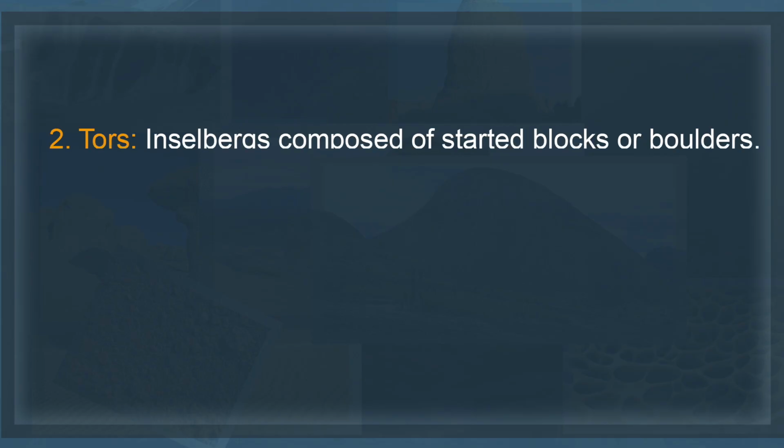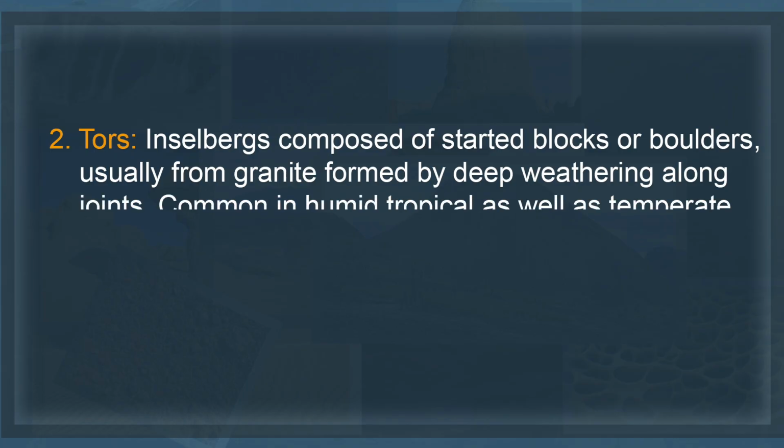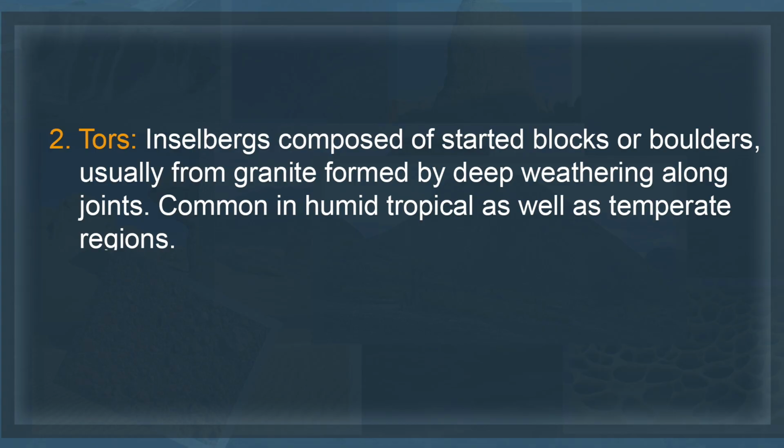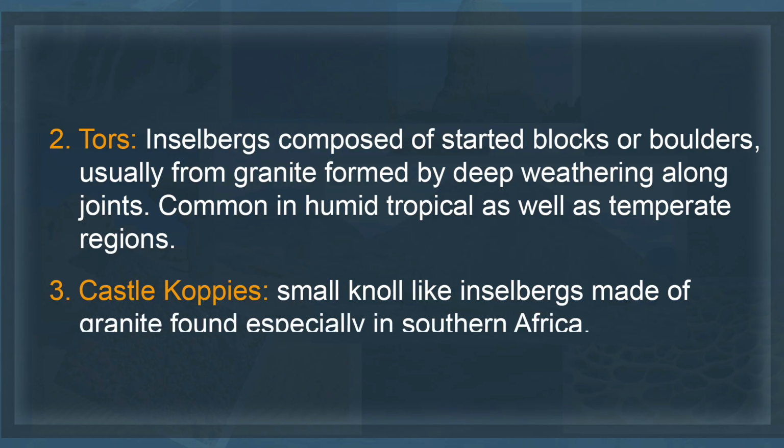Tors: inselbergs composed of stacked blocks or boulders, usually of granite, formed by deep weathering along the joints. They are common in humid tropical as well as temperate regions. Castle koppies: small knoll-like inselbergs made of granite, found especially in southern Africa.